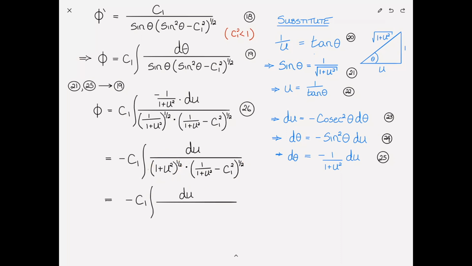And at the same time, I'm going to distribute this across each of these. That leaves me with, if I bring this inside, 1 plus u squared divided by 1 plus u squared is just 1 minus c1 squared times 1 plus u squared. And this is all to the power of 1/2.